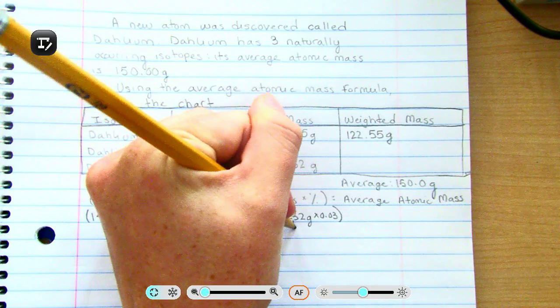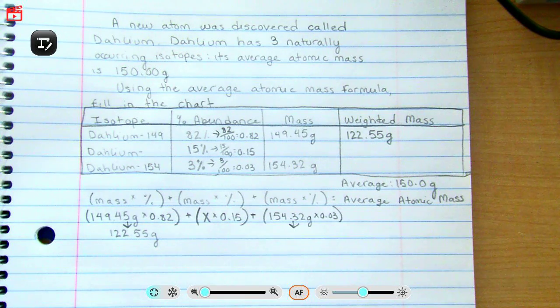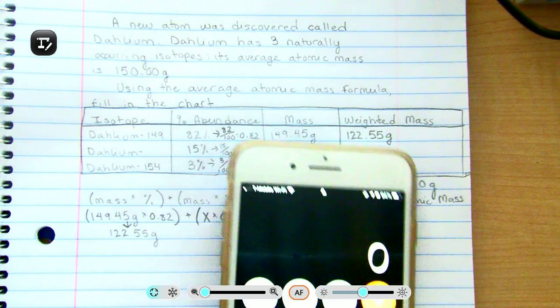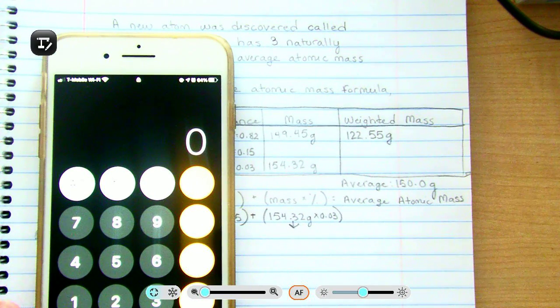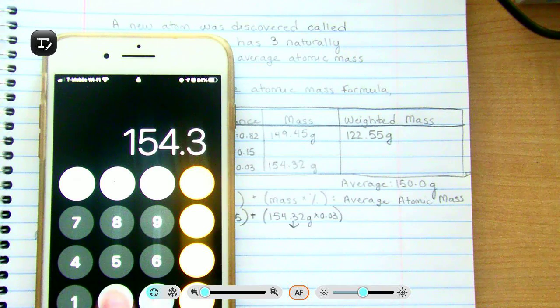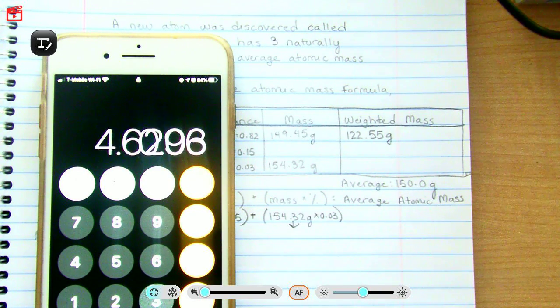I'm going to plug that into my calculator so we can figure out the weighted mass. 154.32 multiplied by 0.03 is going to give us 4.6296.